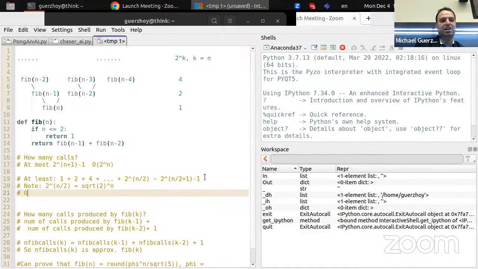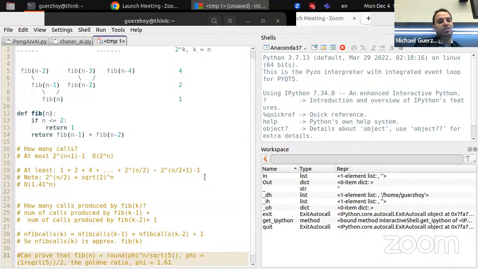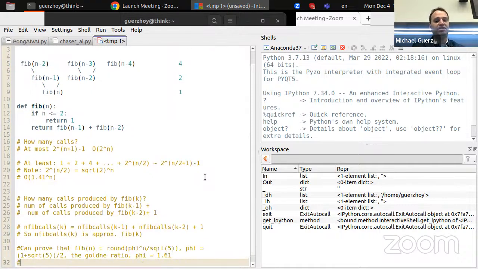So this is like O of 1.41. 1.41 is square root of 2. So that's O of square root of 2 to the n. And in fact, that tracks because this means that the exact estimate is O of 1.61 to the n.